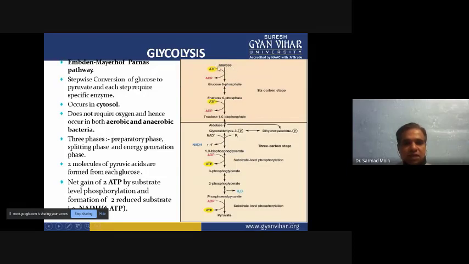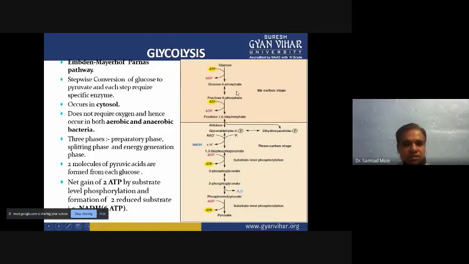Without glucose and enzymes, this reaction will not be complete. So in the preparatory phase, the substrate and enzymes are prepared and made ready for the glycolytic pathway. Then there is the splitting phase, where glucose is split. Glucose is a 6 carbon molecule, so it is converted into 3 carbon molecules.